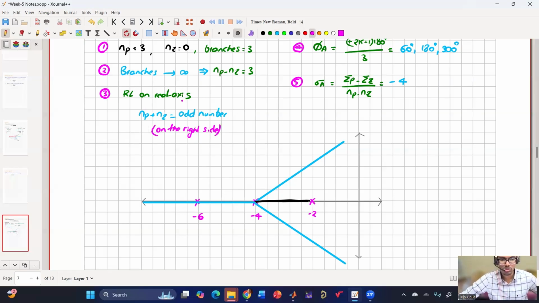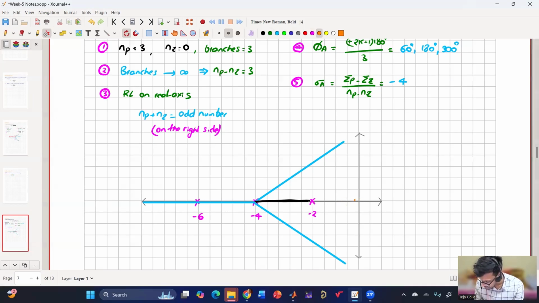I'll re-explain. On the real axis, root locus exists. In which region does it exist? In order to find that, we have to check. Consider a certain region between poles and zeros, and see if the root locus exists in this region, whether on the right hand side the summation of the number of poles and zeros is odd or even. Say I start from this point 0 and move in this direction.